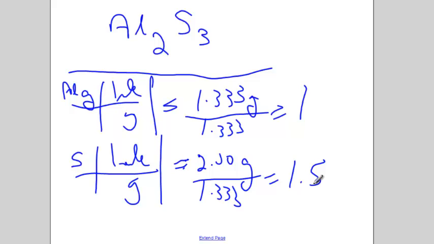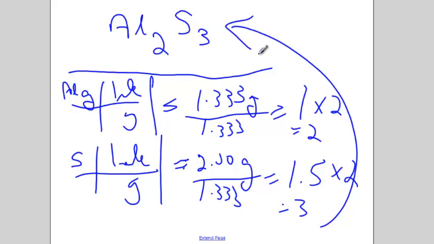What you say to yourself is, oh, that guy, that's a half. And I know to get a whole number, I have to multiply it by 2. Now, again, math says I can do anything I want as long as I do it to both things. So I multiply both of these by 2, and I get a ratio of 2 to 3, which is exactly what I wanted.